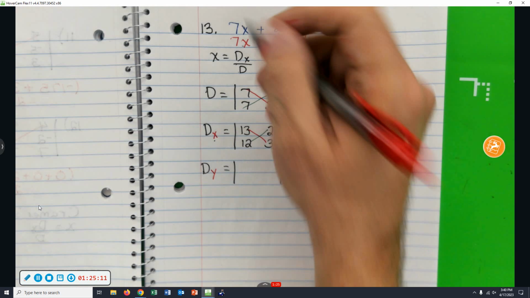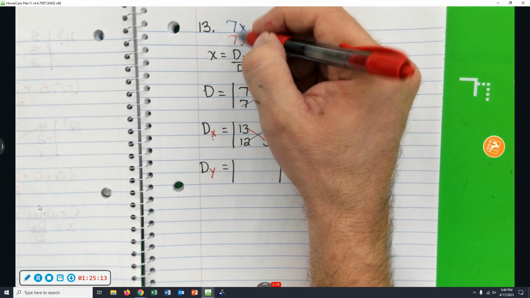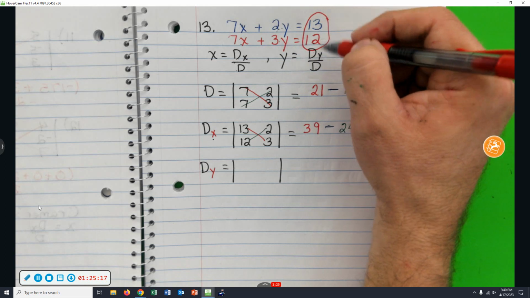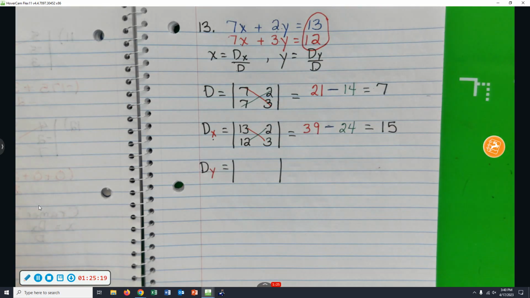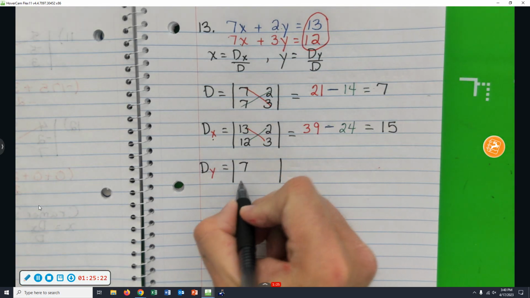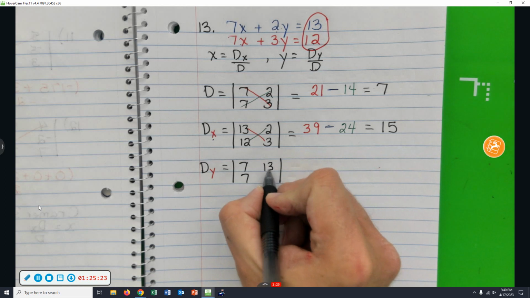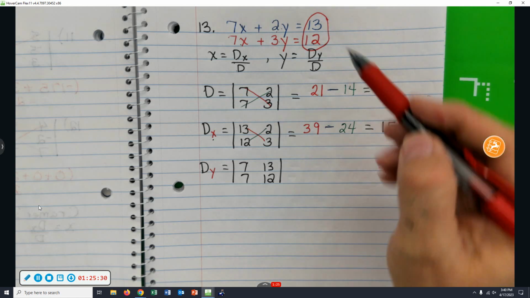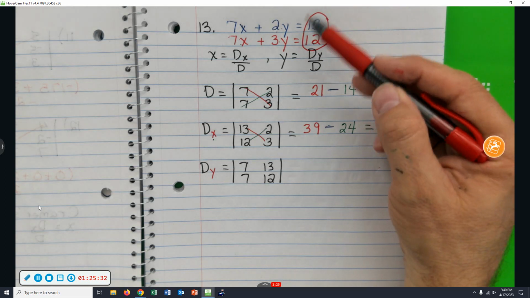You leave the x's, 7 and 7. Replace the y's with 13 and 12. So it would be 7 and 7, 13, 12. Whatever the subscript is, you replace that column with these constants.